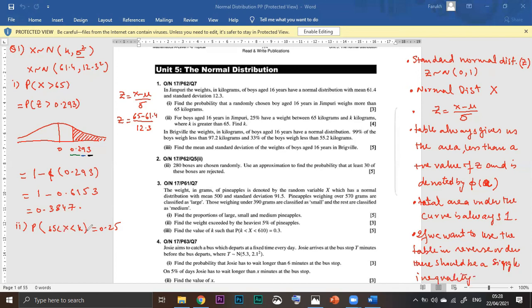Now you can see that this one is a double inequality. There are 65 and k on both sides of the inequalities.